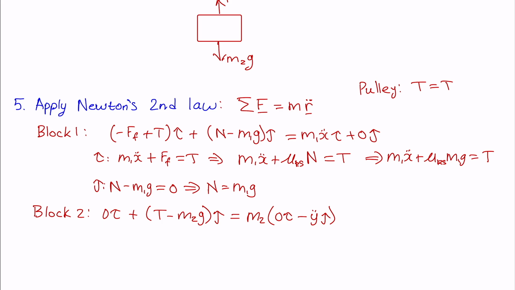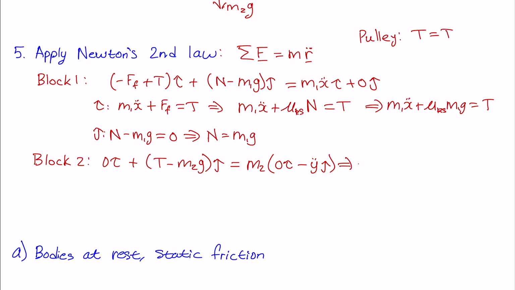So what we'll end up with here is T minus M2 G is equal to minus M2 Y double dot, such that we'll end up with the tension T is equal to M2 times G minus Y double dot.